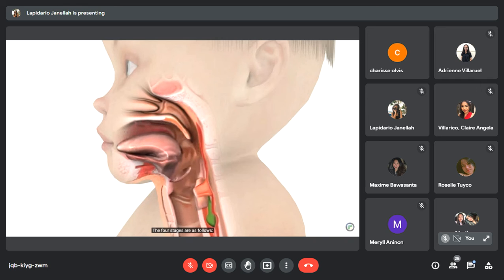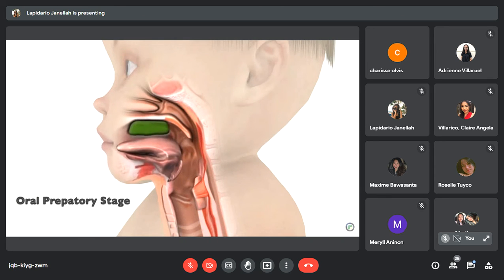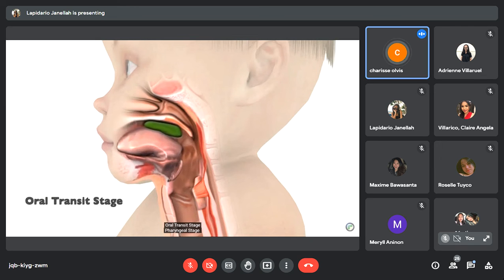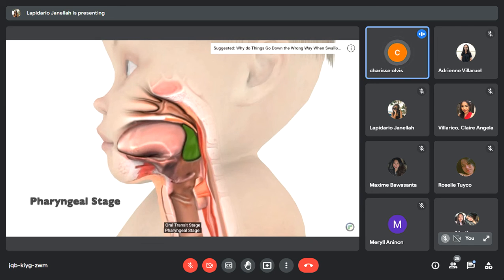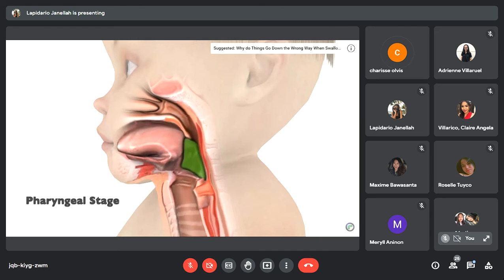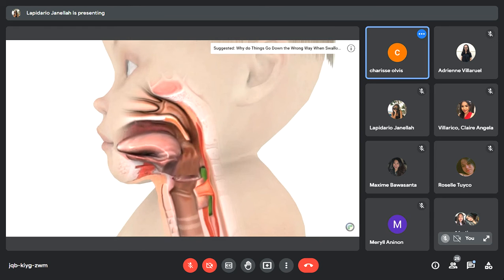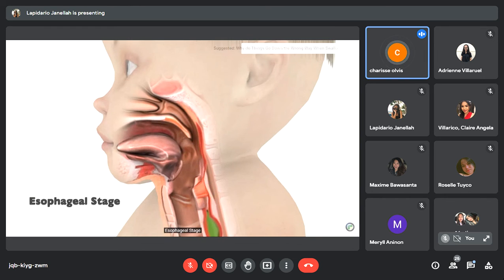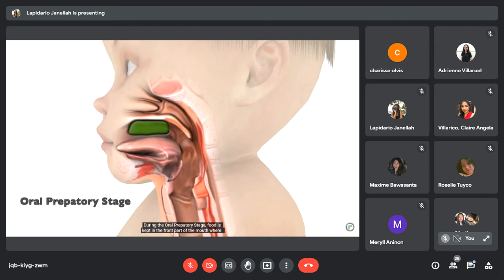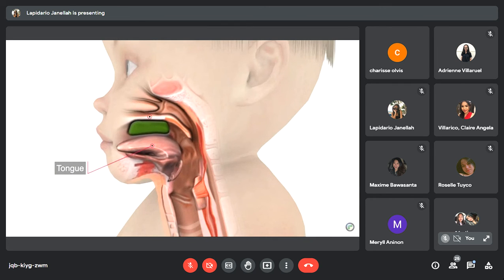The 4 stages are as follows: oral preparatory stage, oral transit stage, pharyngeal stage, and esophageal stage. During the oral preparatory stage, food is kept in the front part of the mouth where it is moistened with saliva and chewed into a softer consistency.